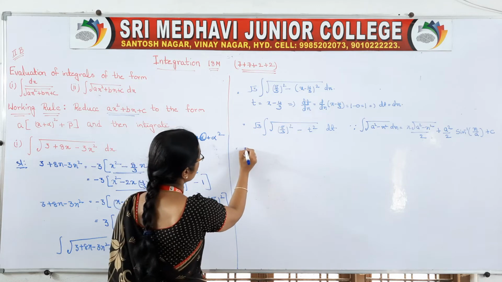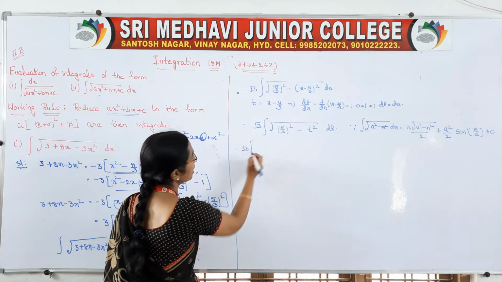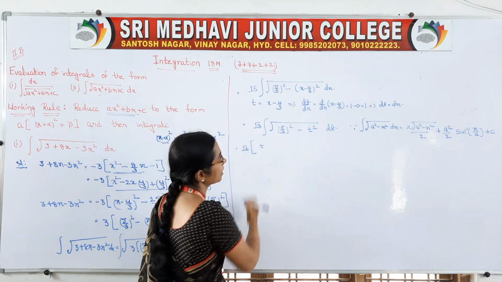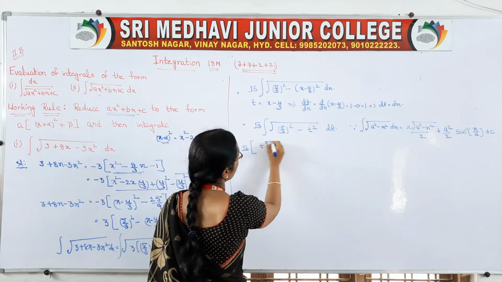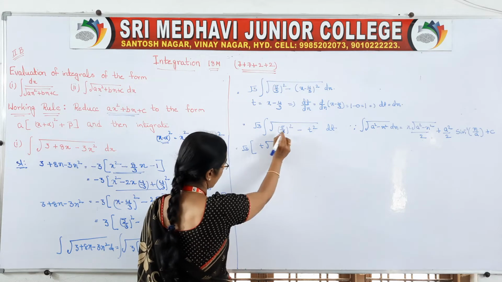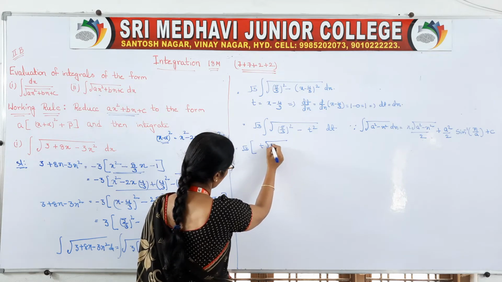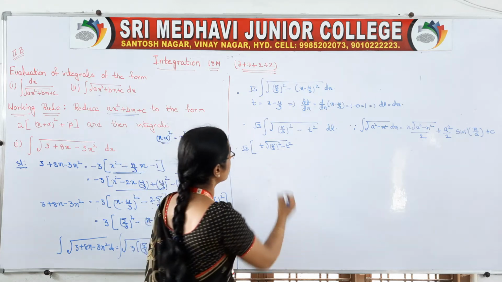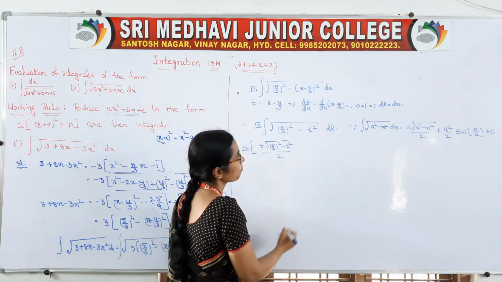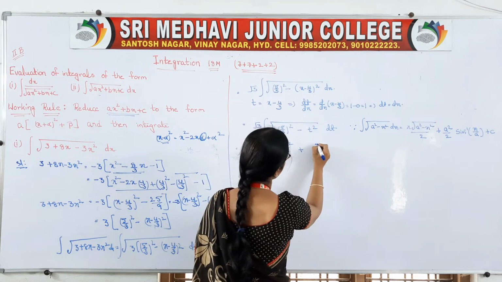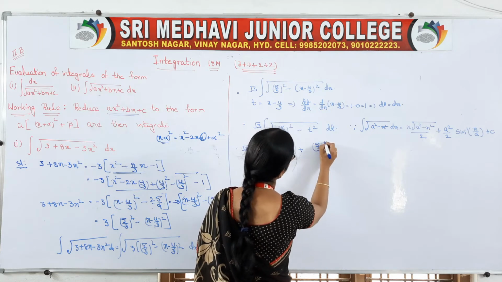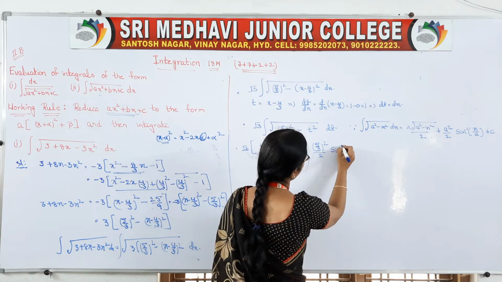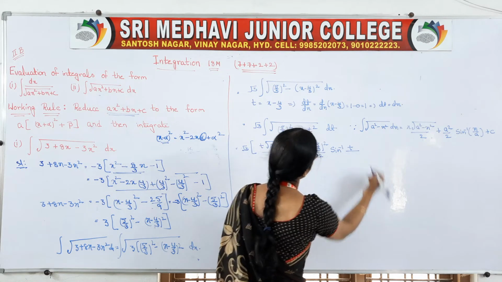So it is equal to root 3 outside. Inside, in x place we have t, root of a² minus x², where a means (5/3)² minus t², by 2, plus a² by 2, (5/3)² by 2, sine inverse x, with x place we have t.